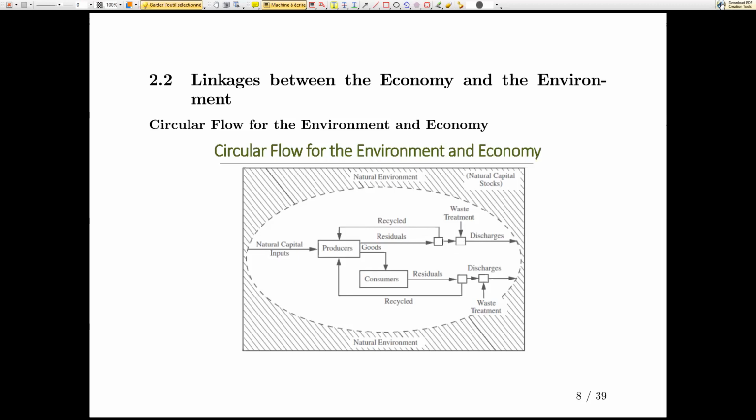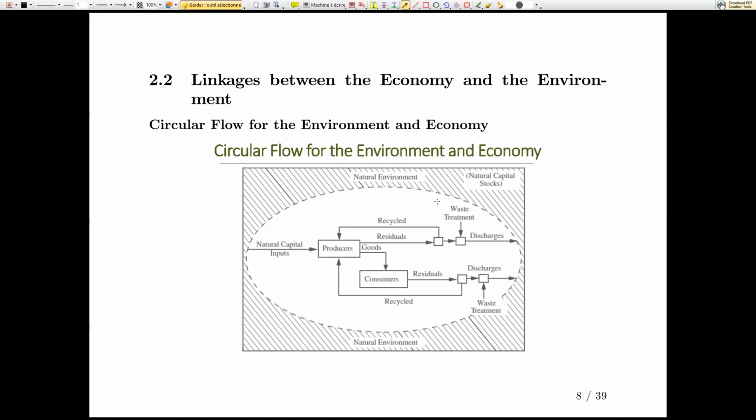Of course, sometimes there's just an arrow there because if we don't have money, we just release pollution, but normally we should treat it. And consumers by themselves produce waste that may be recycled and used again by producers, or discharged, and then there can be waste treatment again of the discharges.